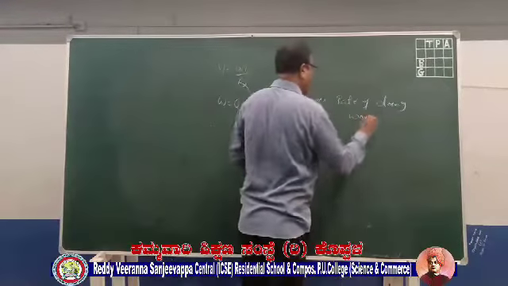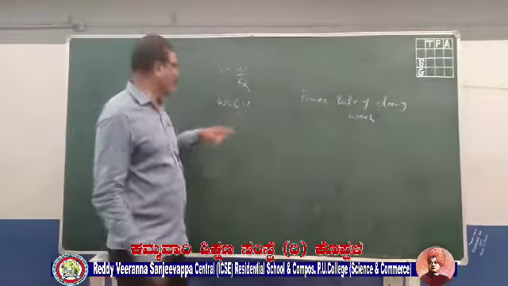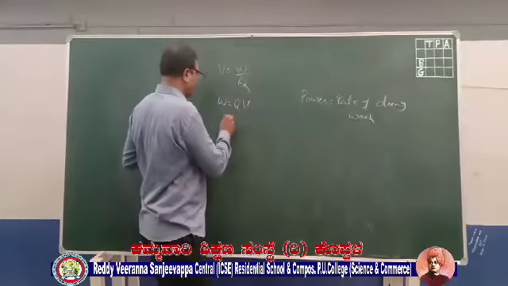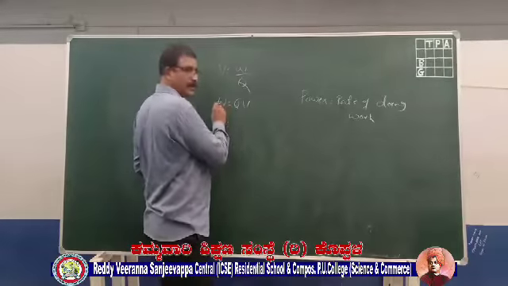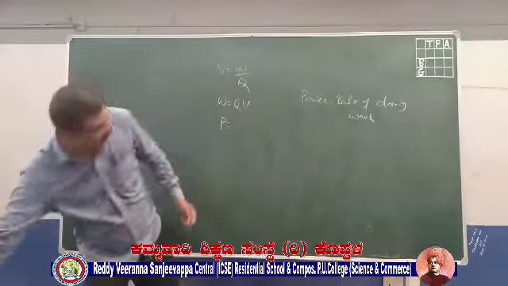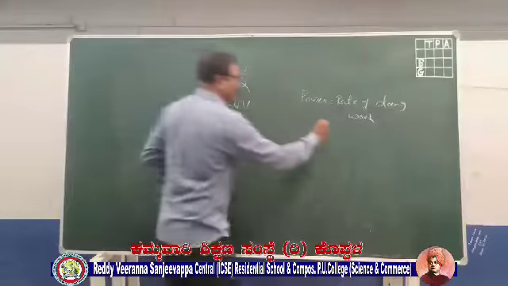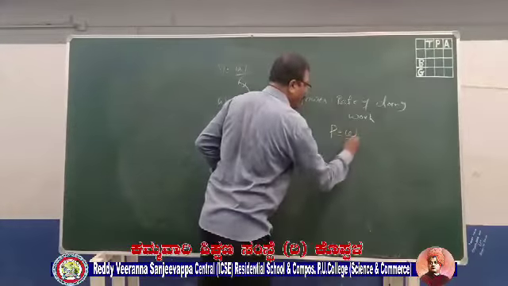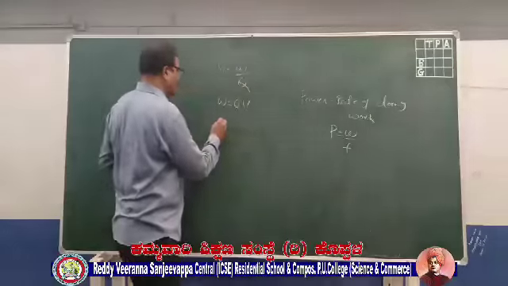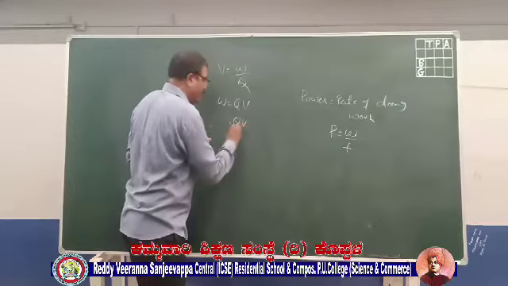When I get the word rate, then what should I do? I should divide it by T or not? So power is equal to W by T. Because W is QV, I will write it as QV by T.